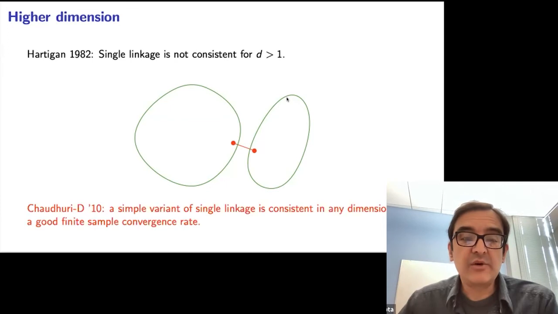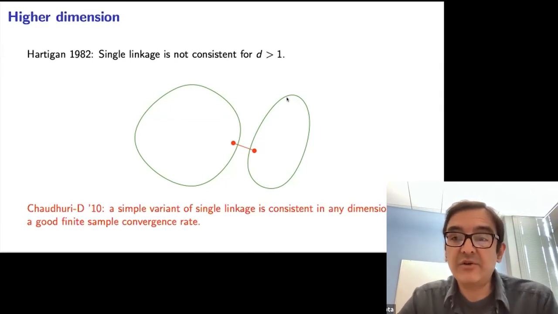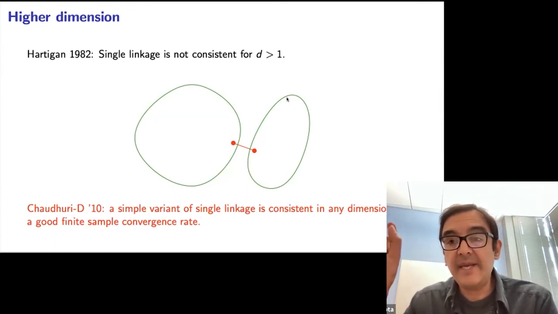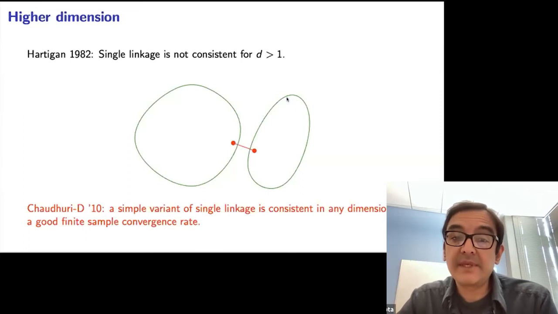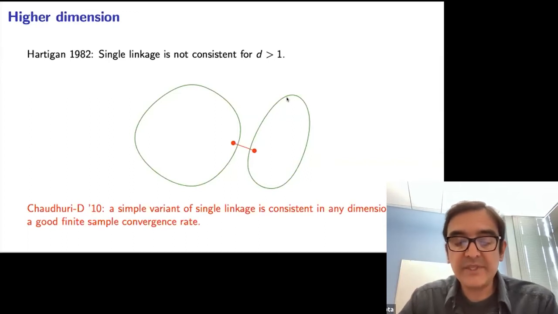So what Kamalika Chaudhuri and I showed a dozen years ago was that you can just change single linkage a tiny bit, and then it becomes consistent in any dimension. Moreover, not only do we have the asymptotic result, but you also get a finite sample rate of convergence.